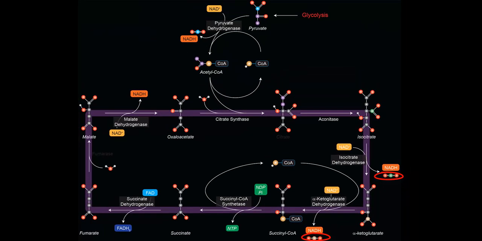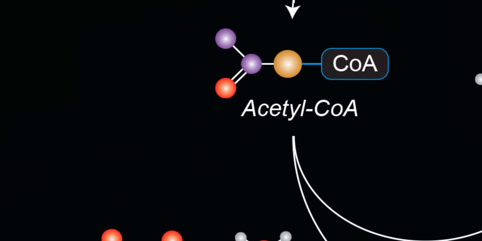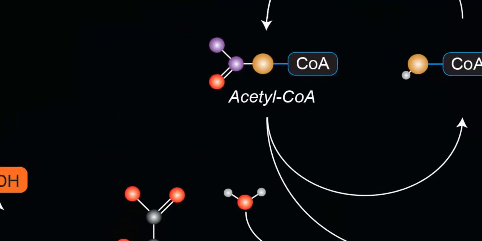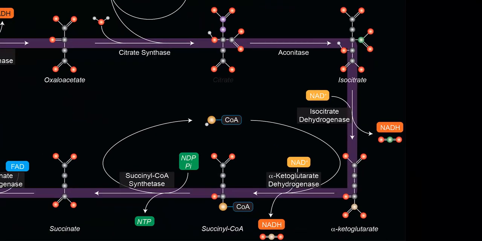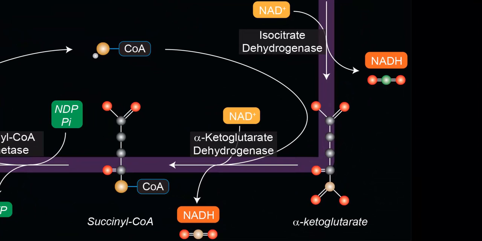So we had 2 carbons coming in the form of acetyl-CoA, and we've now lost 2 carbons in the form of carbon dioxide. So this accounts for the total oxidation of those carbons. What we now need to do is to regenerate oxaloacetate from succinyl-CoA, and we have created a complete cycle.